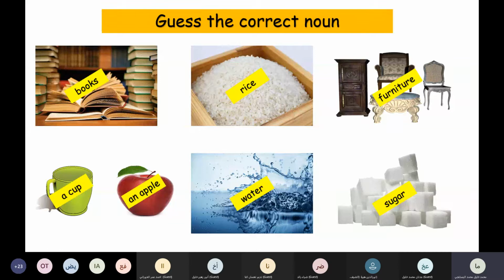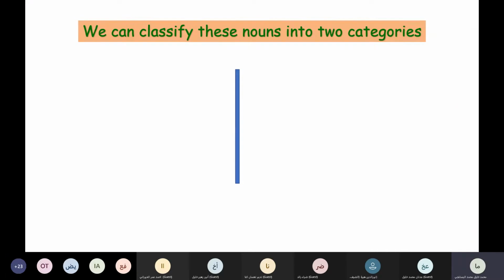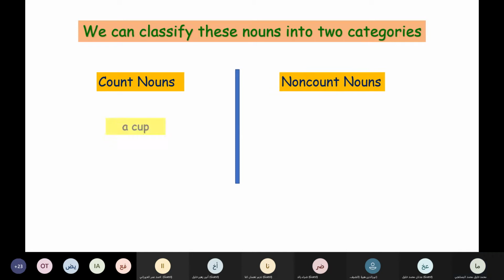You realize that these are what? These are nouns. And you realize that some of these nouns are what? Countable or count nouns, which take S. Others are what? Non-count nouns. So here we can classify these nouns into two categories: count nouns and non-count nouns.